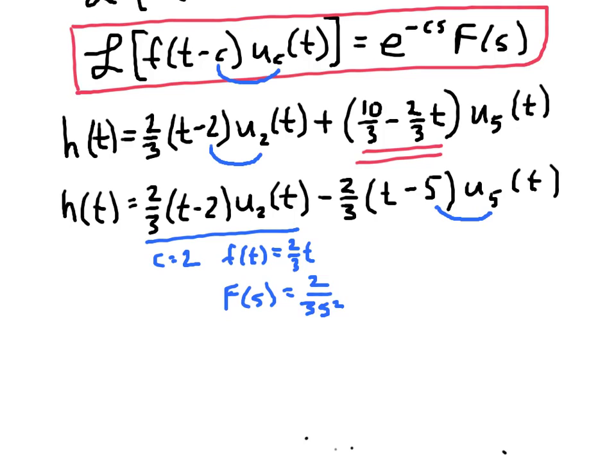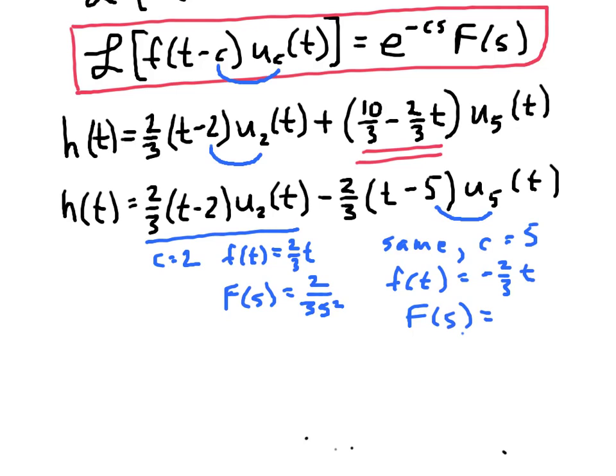And if you look at the second part, it's exactly the same, except that c in this case is 5, and little f of t is actually negative 2/3 t. So our capital F of s in this case is the same as the other one, but it's just negative 2 over 3s squared.